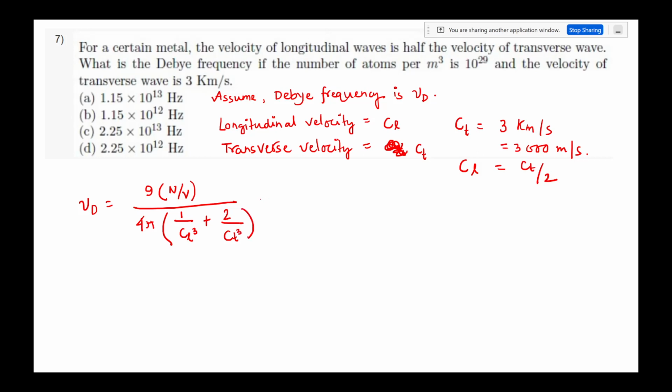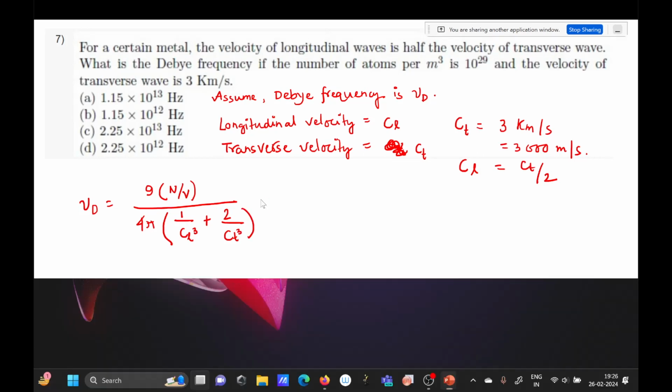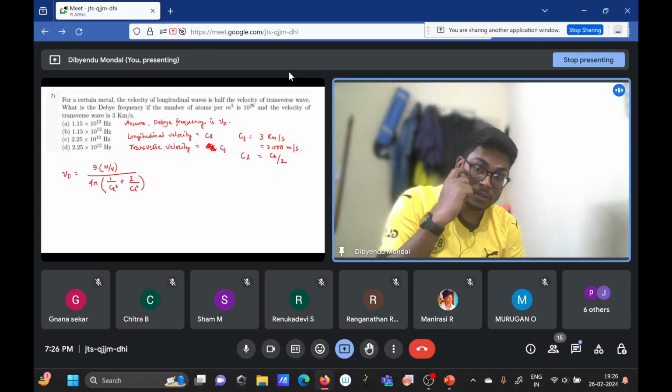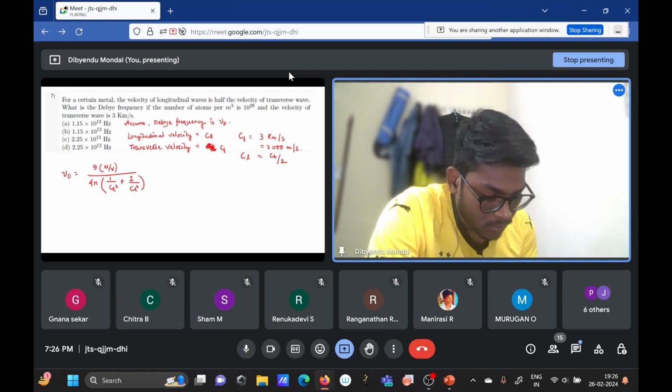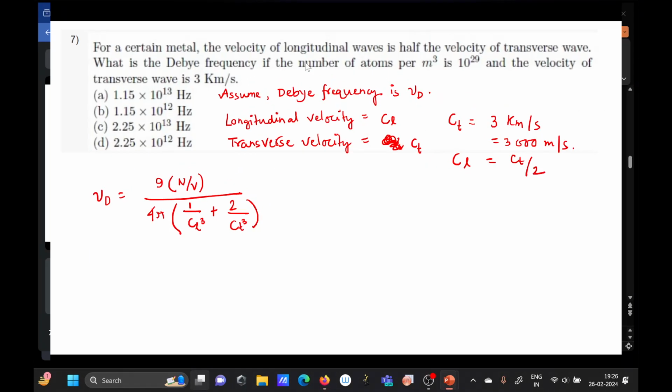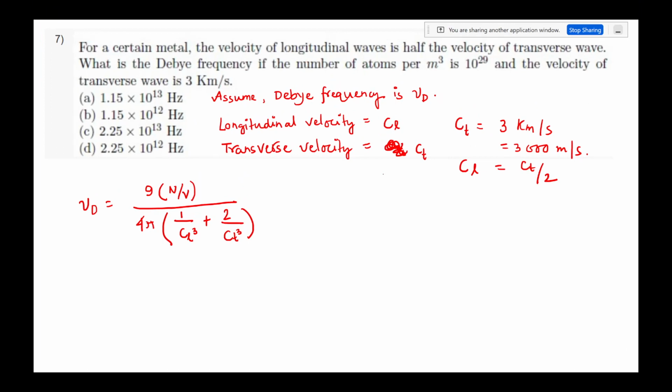Okay, so do the calculations and tell me. It will take a bit of time to do the calculation. And n by v is also given, right? N by v is 10 to the power 29. So tell me the answer.